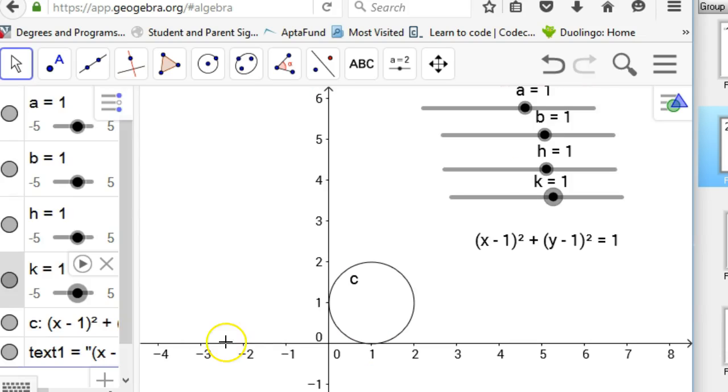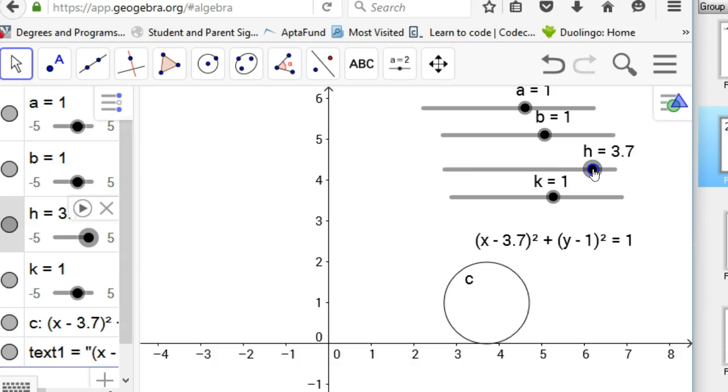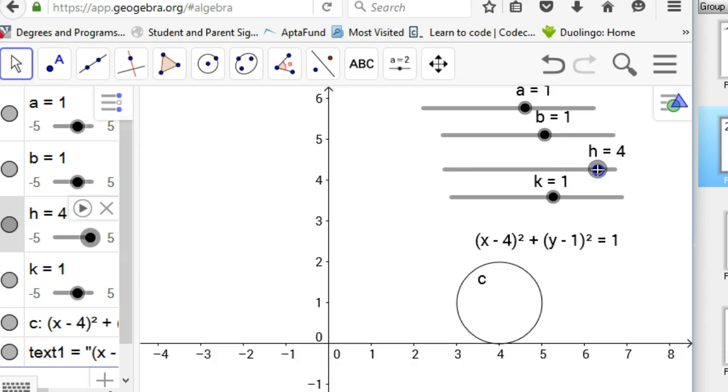You can also look at this in terms of sliders, and I'm not going to spend a lot of time here, but here's the equation. Here are my sliders for a and b, the points on the bottom. Notice I have everything set to 1. If I want to move h to the right, notice my circle moves to the right. So h is 4, it's x minus 4 here.